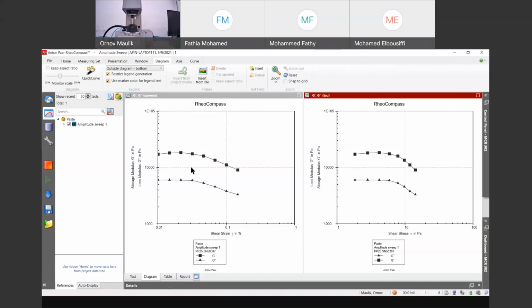Now you can see that with an increase in the strain percentage, G prime is moving towards G double prime, and at some point they will have a crossover.